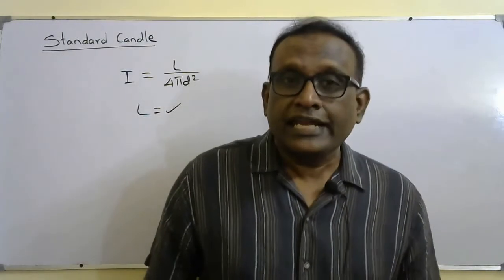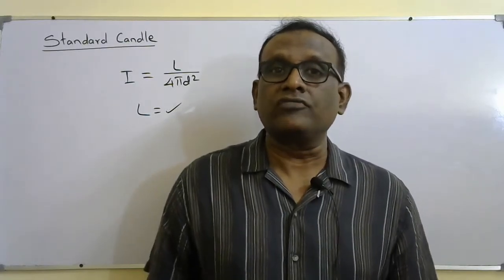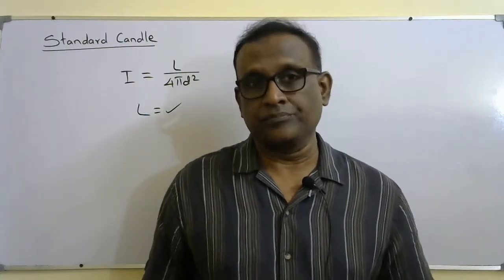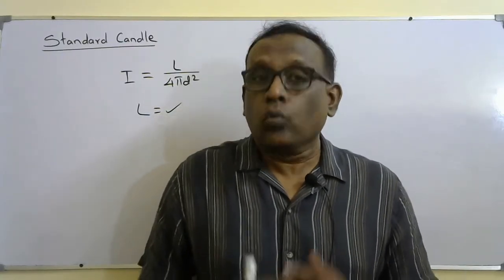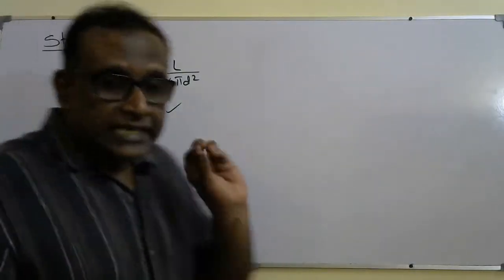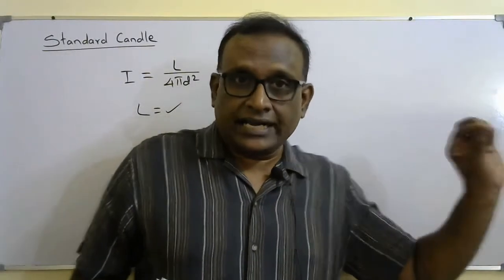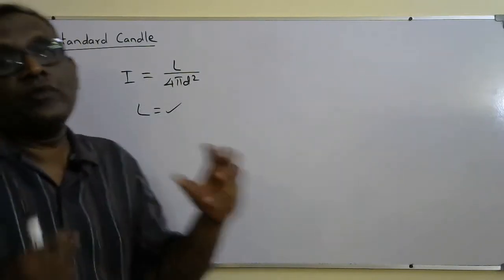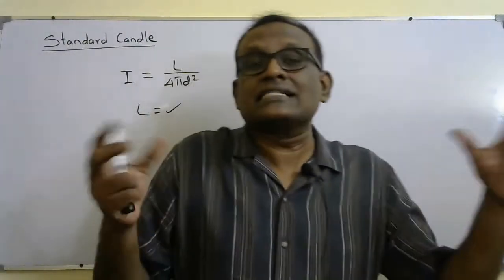Then we need to measure the distance of a far distant star. There we assume the luminosity of this far distant star is the same as the luminosity of the nearby star, or we assume both stars are similar stars.